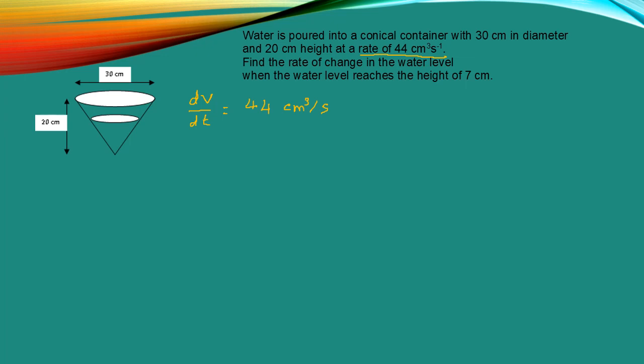Then we want to find the rate of change of water level. Let's say we put the water level with the variable h. So we want to find dh, the change of height, dh over dt. What is the value of dh over dt? And also given the information when the height is 7 cm.